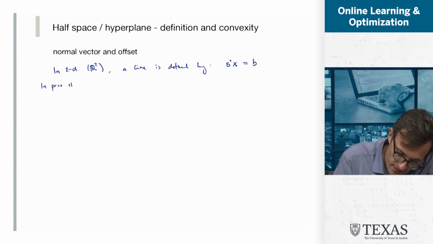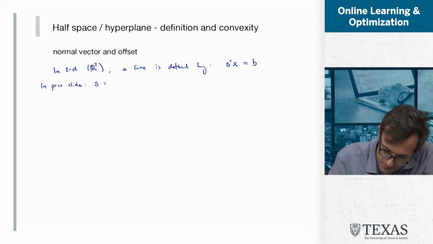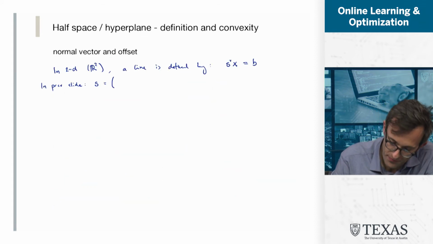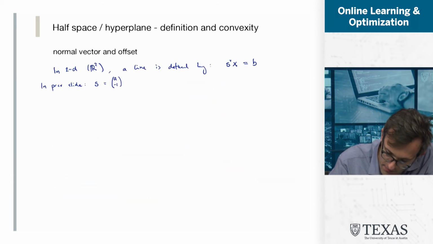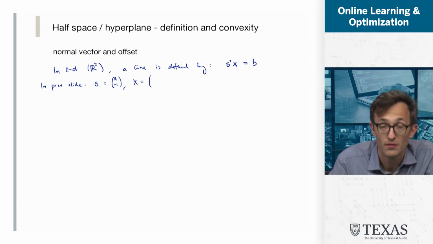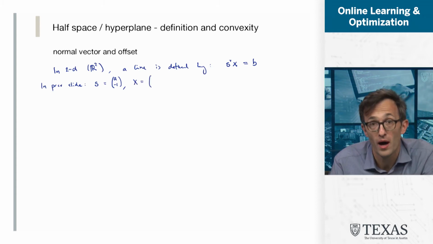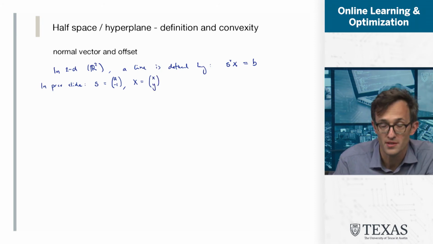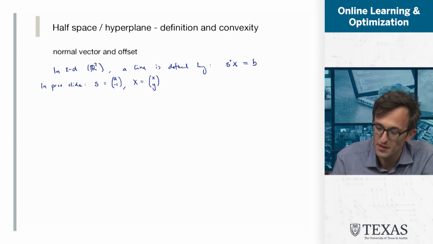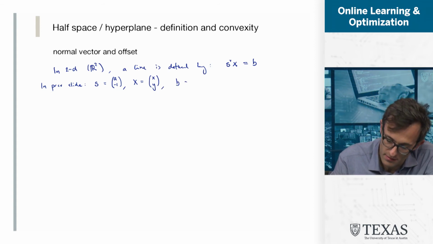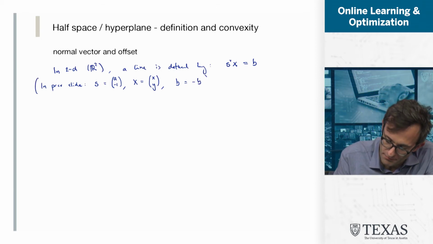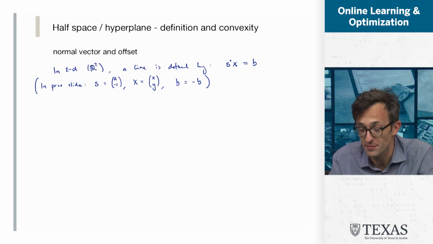S was equal to [a, -1]. X was not a vector there, it was x and y, where those were scalars before. I hope this isn't too confusing to see x and X here; it's clear from the context. And B was, well, maybe it was minus b again.